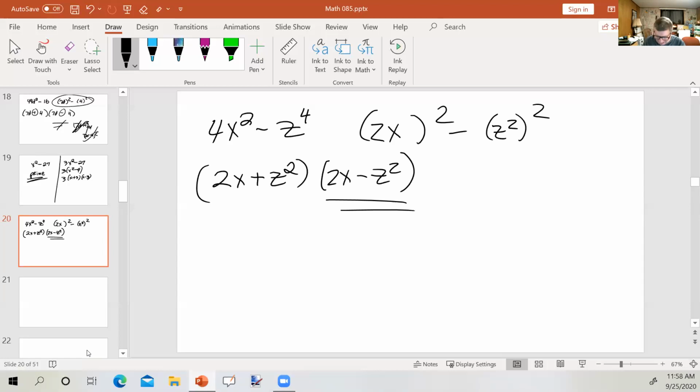Well, 1x times 1x would be 2x, right? No, it would just be x squared. Yeah. 2x is not a square. Okay. So we're done. But I'm setting that up because I'm going to give you another problem where we won't be done yet. So this would be the final answer here.